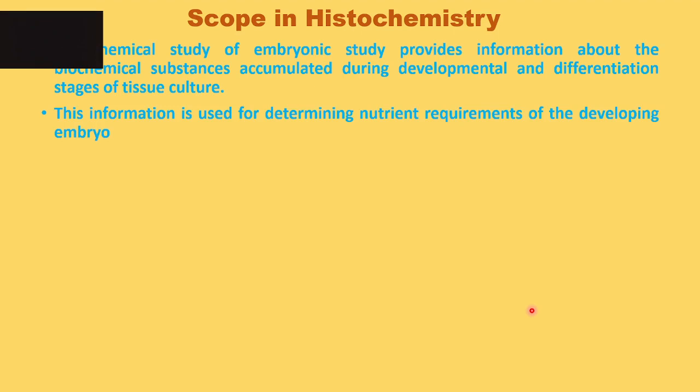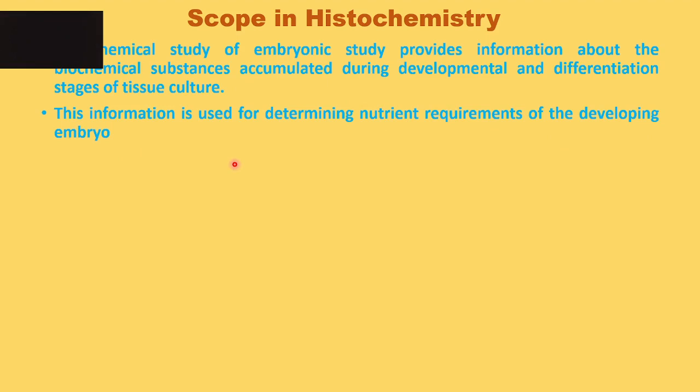So if we want to culture, produce or germinate an embryo artificially on media, by this knowledge we can know what type of nutrient we have to supply to the developing embryo artificially.